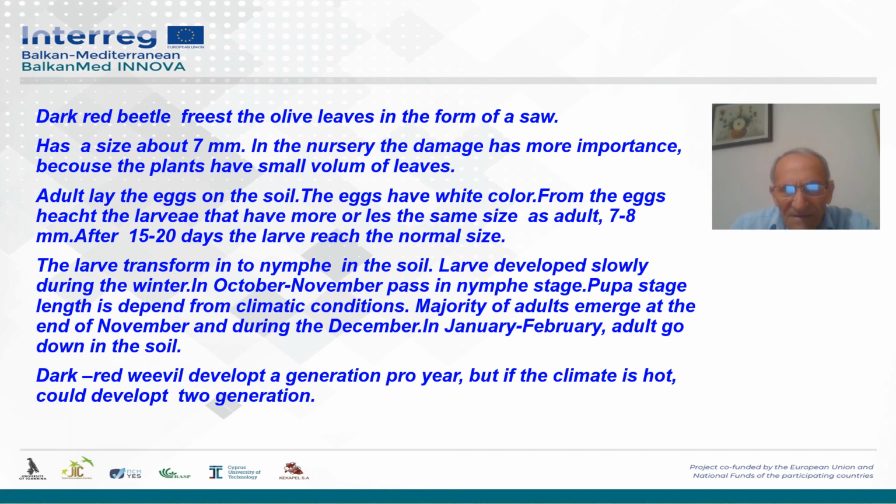The majority of the adults emerge at the end of November and during December. In January and February, adults go down into the soil. The dark red weevil develops one generation per year, but in some climatic conditions it could make more generations.